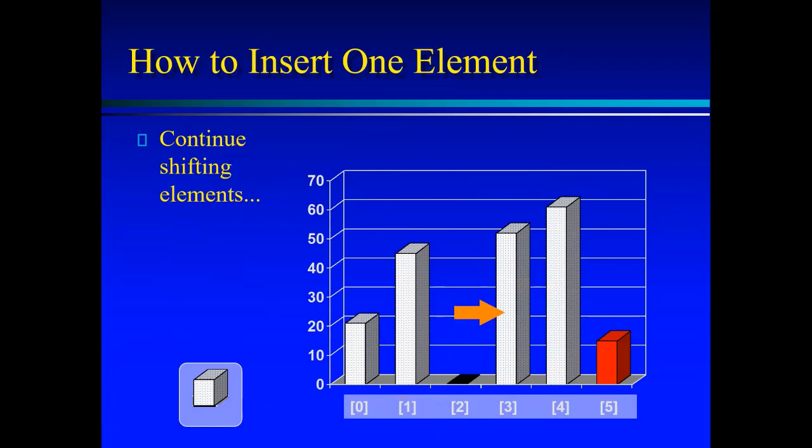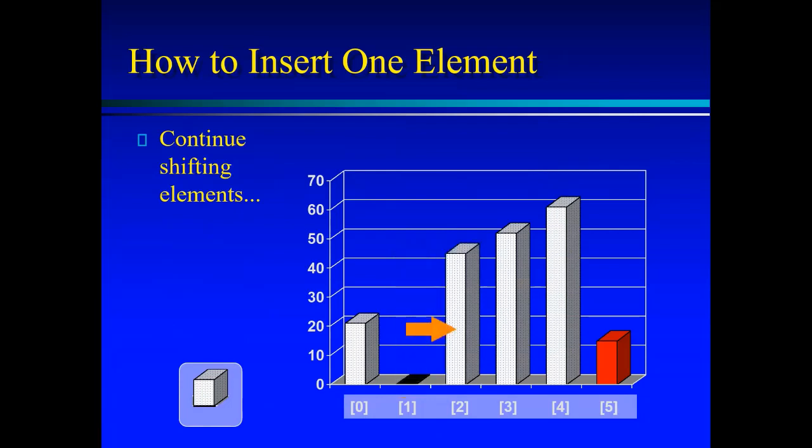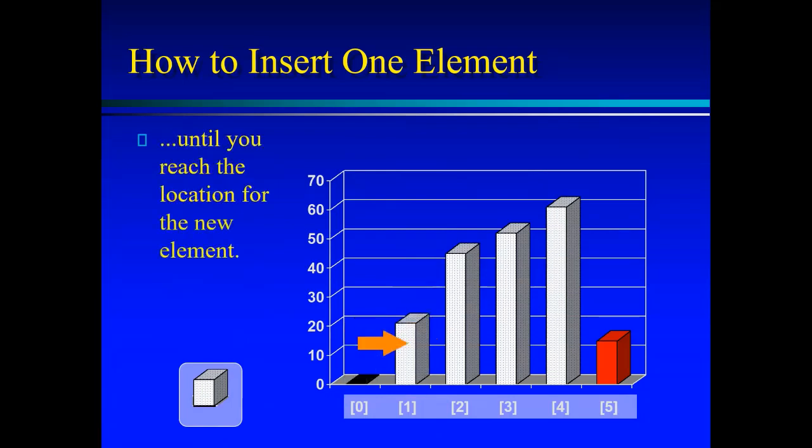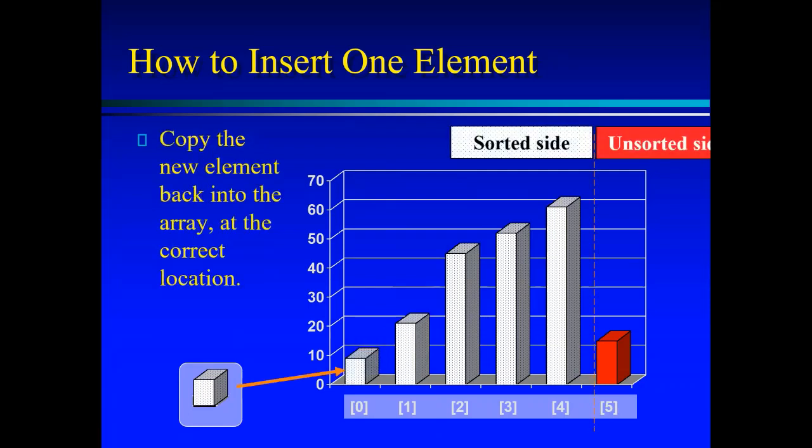The second element is bigger, so the second will go to the third position, and then compare it with the first element. Still, it's smaller, so the first element will go to the second slot, and this value will go to the first slot.